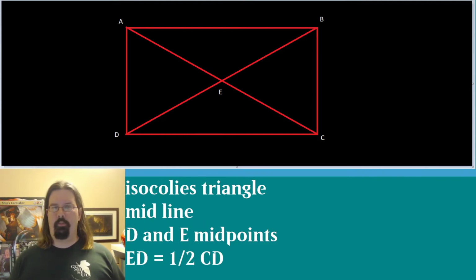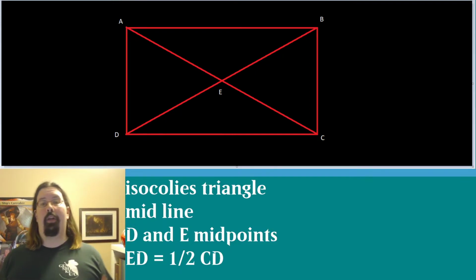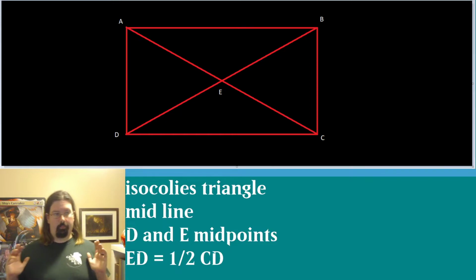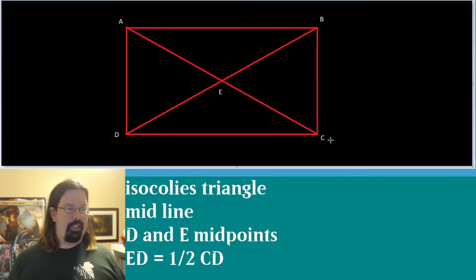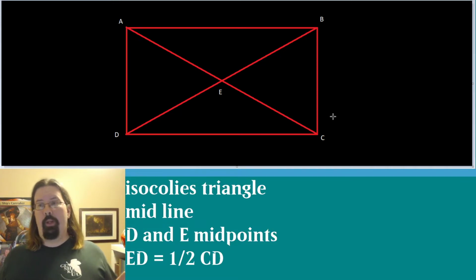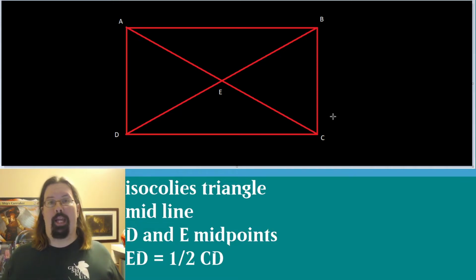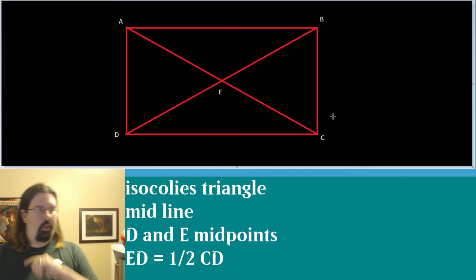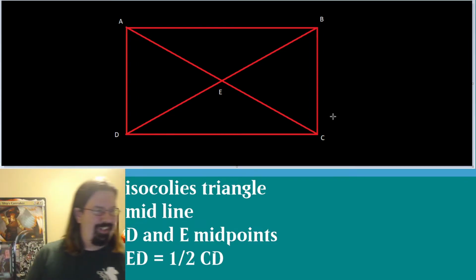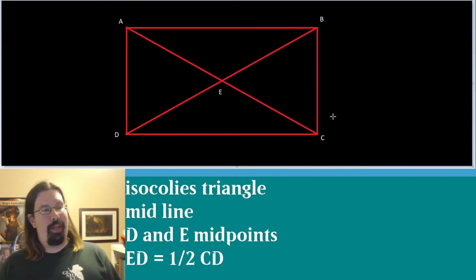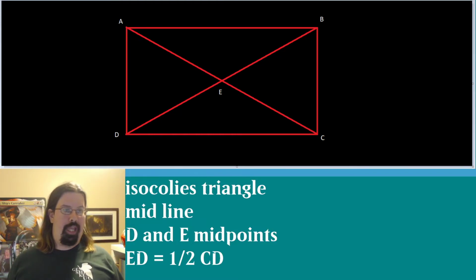So we've got all this. So, parallelograms. AB and DE are parallel. AD and BC are parallel. It doesn't have to be a rectangle. Rectangle is just what we got, because that's what I paid for, apparently. So we have this rectangle here, and I've made 2 diagonals, AC and BD.